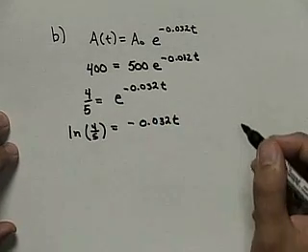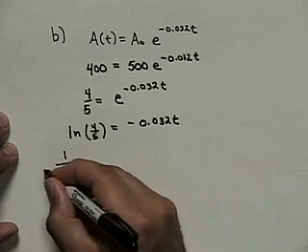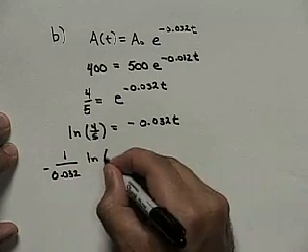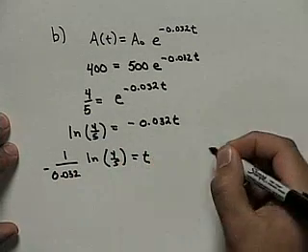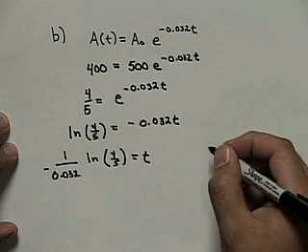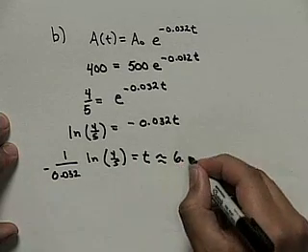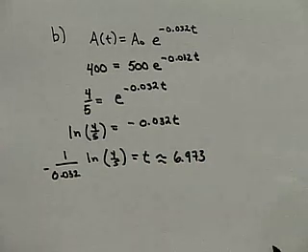Finally, multiplying both sides by 1 over negative 0.032, we get that times the natural log of 4/5 equals t. Using our calculator, the approximate value for time here would be 6.973, or in other words, it would take 6.973 years for the substance to decay from 500 to 400 grams.